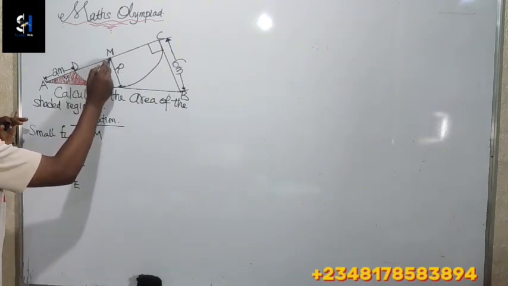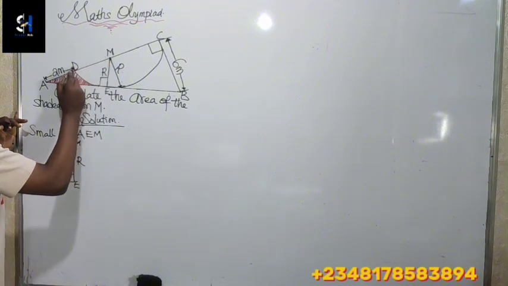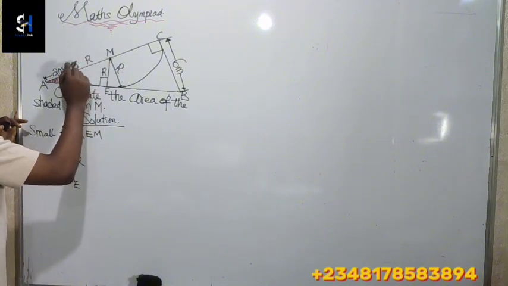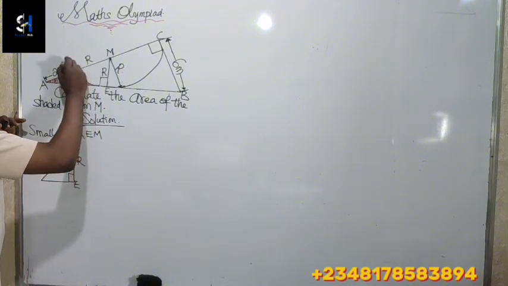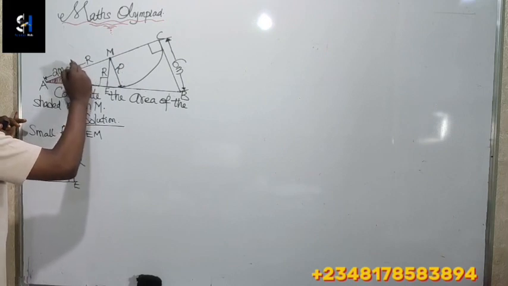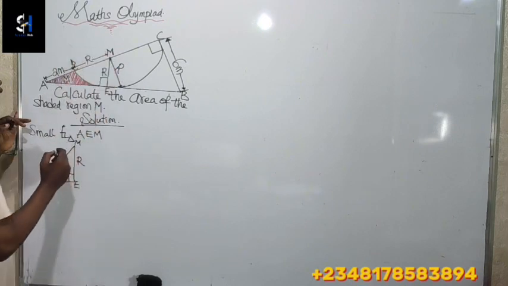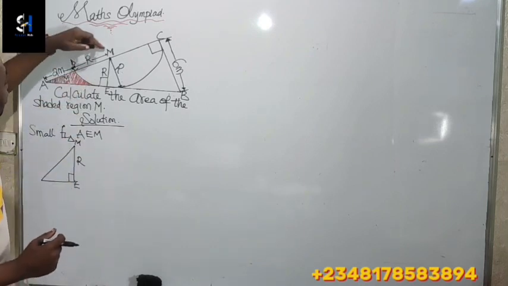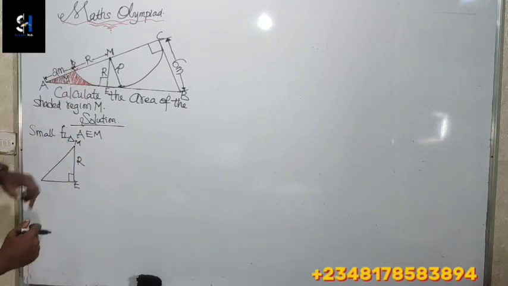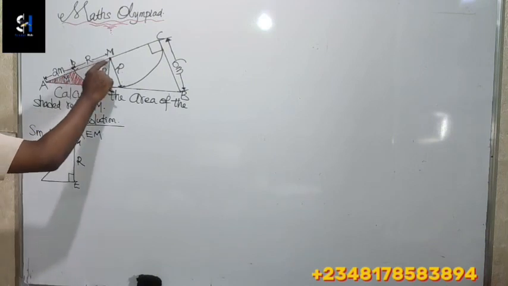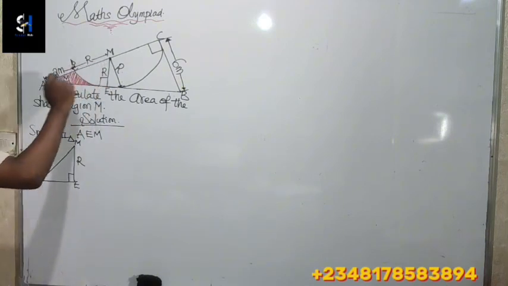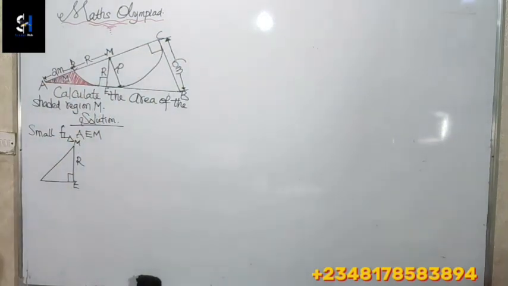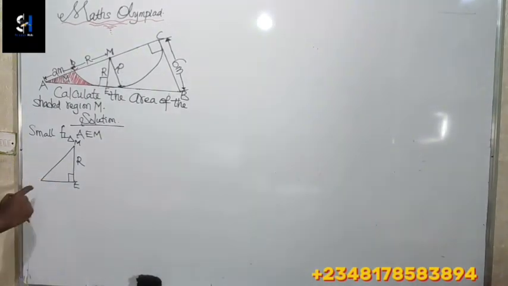Now again, we know that joining the center of a circle to its circumference is a radius. So DM will now be R, which means DM is also a radius, and MC will also be a radius.